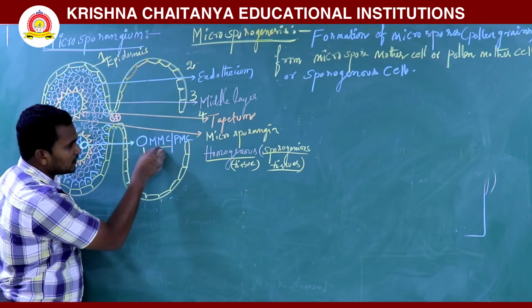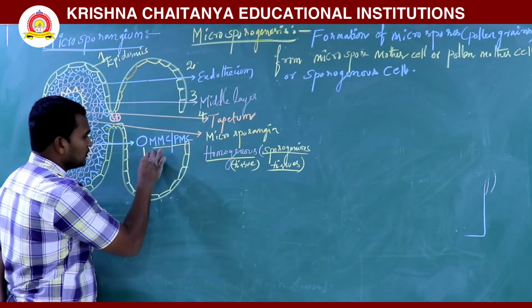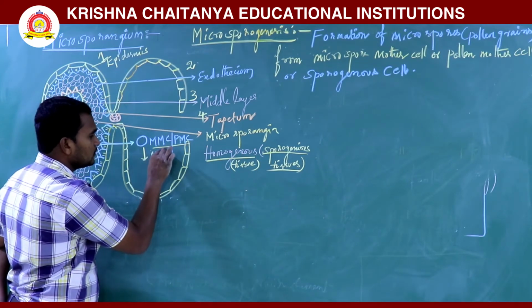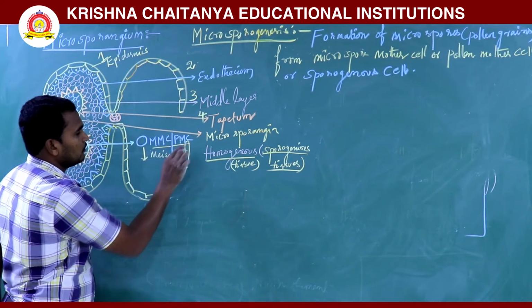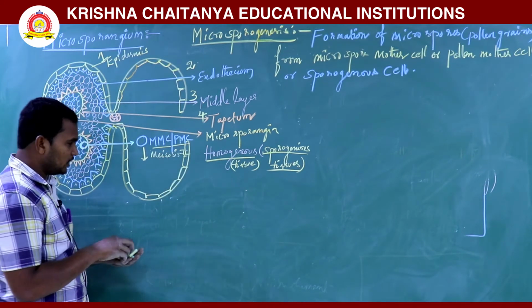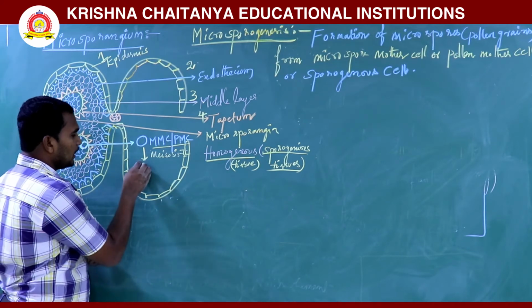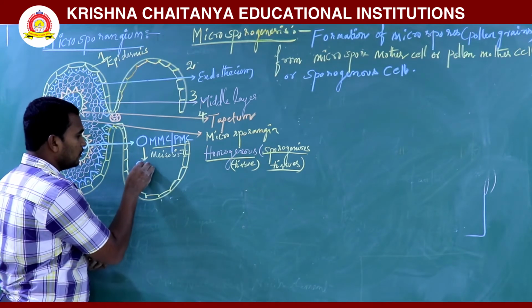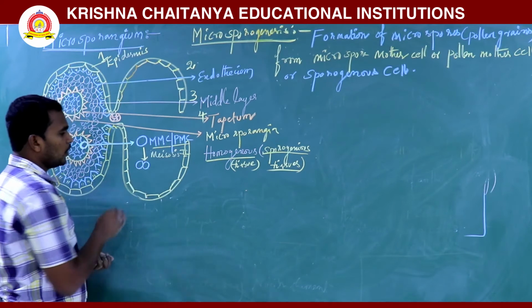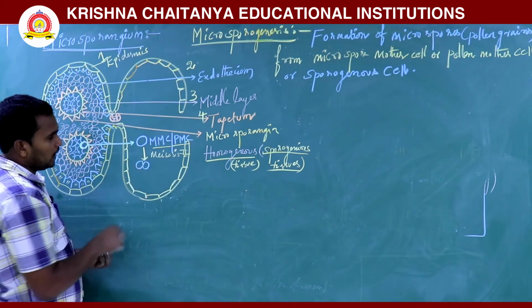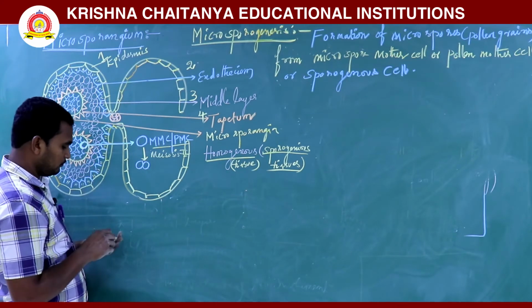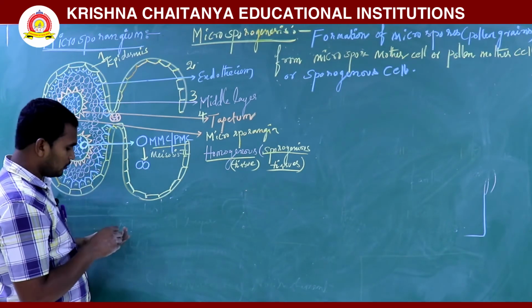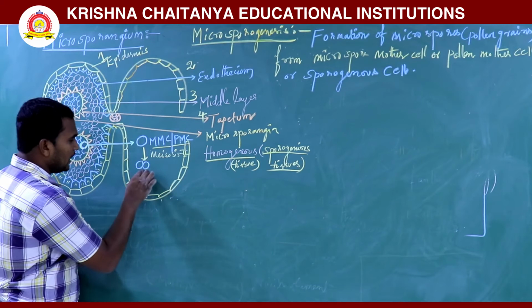One MMC undergoes meiosis. This is meiosis 1, a reductional division. It produces a dyad, two pollen grains, which is called a microspore dyad.